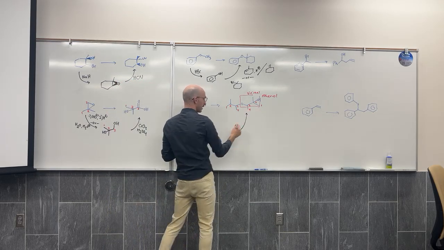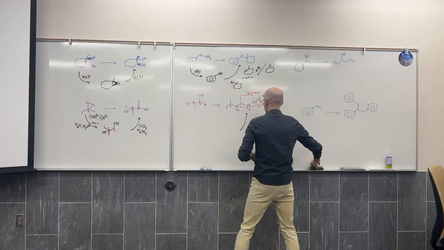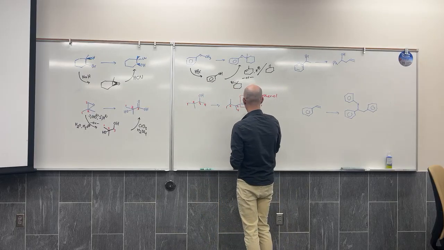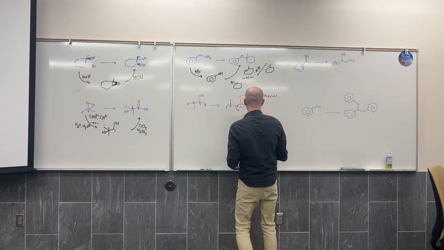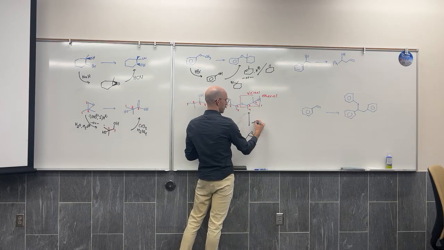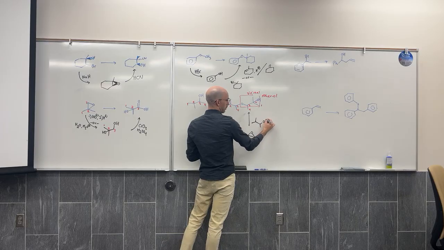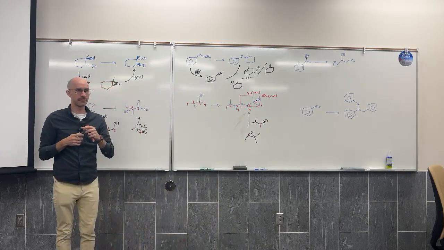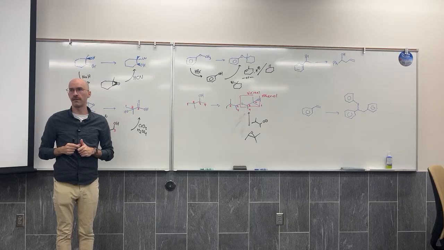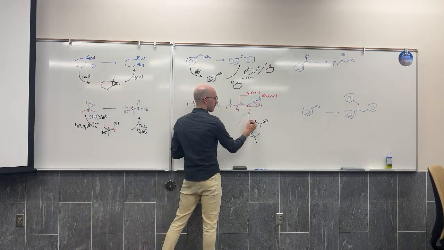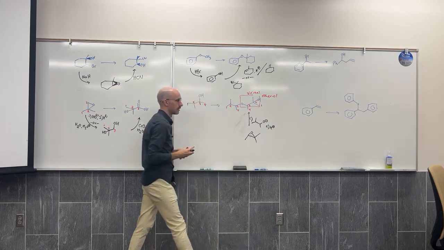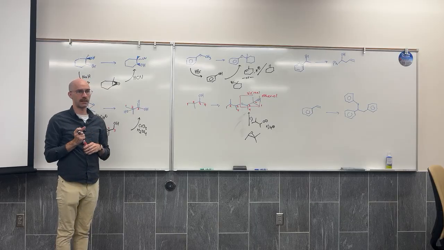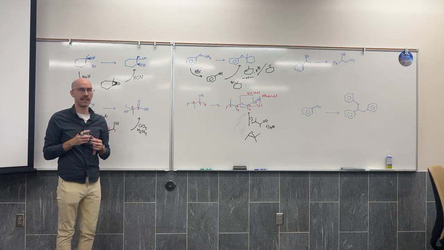So that tells me what type of conditions I need. I need an epoxide, and I need that epoxide to be attacked by something negative, by a basic nucleophile. I want to open the epoxide from the less substituted carbon. So that means first nucleophilic attack, second acid workup. Not acid catalyzed, acid workup.